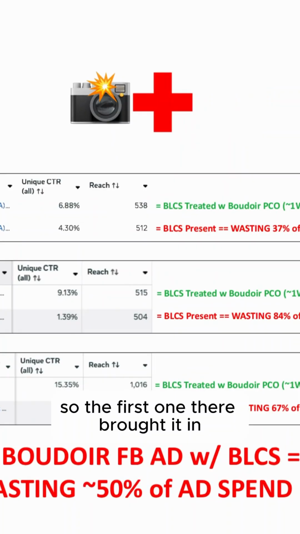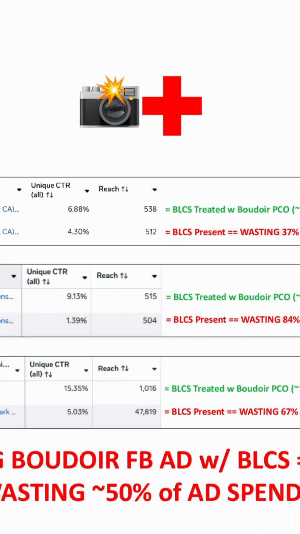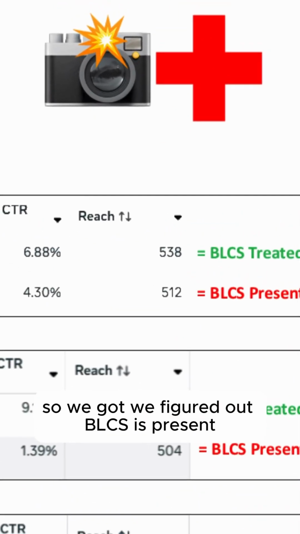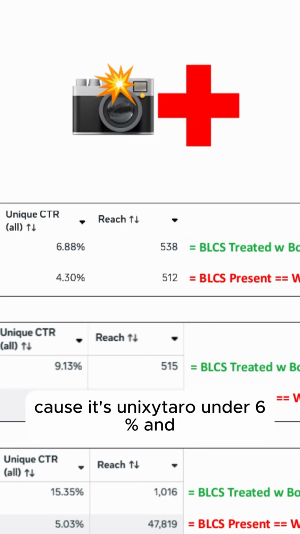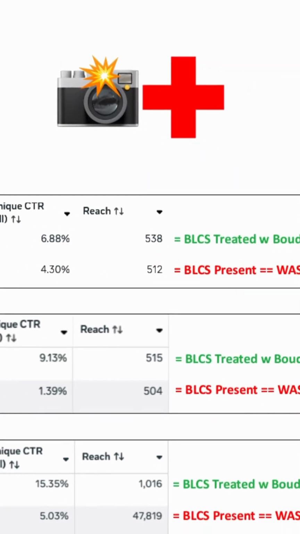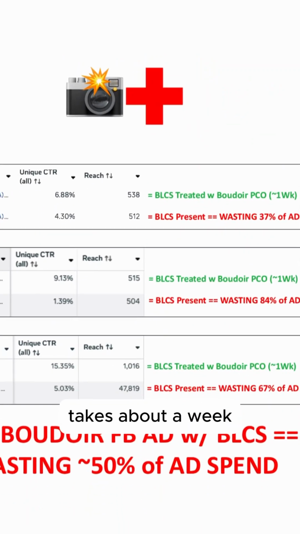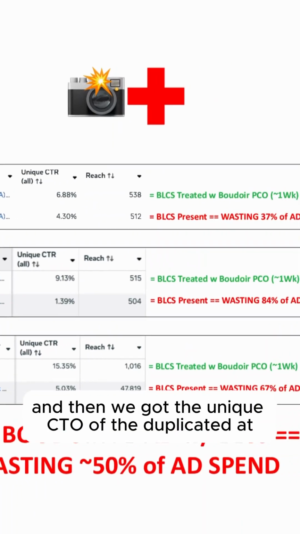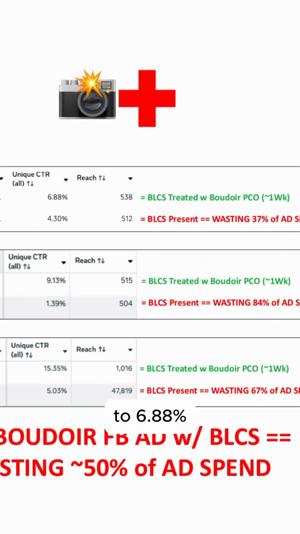So first one there, brought it in, found out its unique CTR all is 4.3%. So we figured out BLCS is present because its unique CTR all is under 6%. So what I did was I duplicated it, treated it with Boudoir Pico, takes about a week, and then we got the unique CTR all of the duplicated ad to 6.88%.